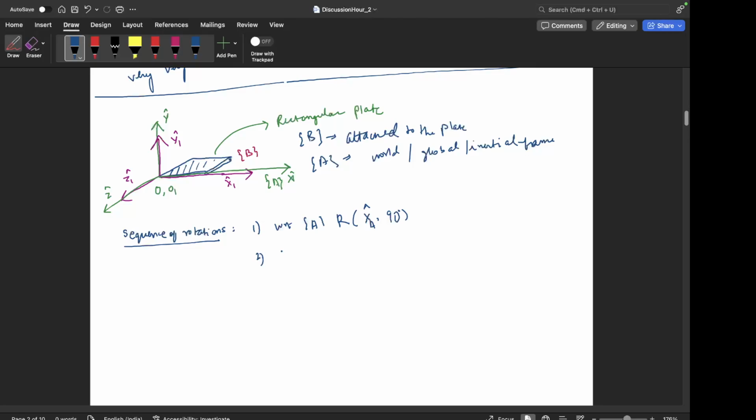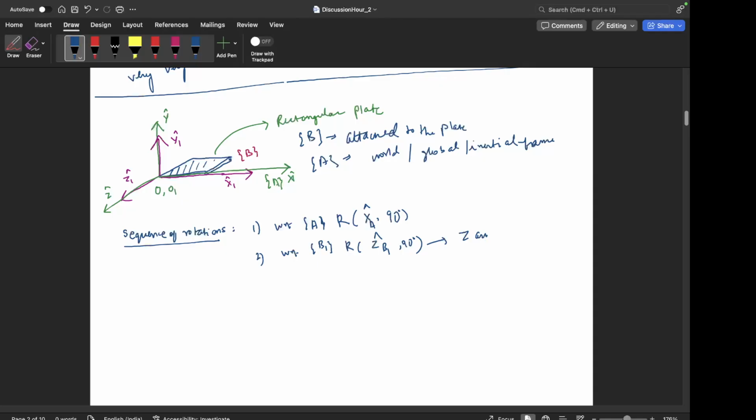And the second rotation is with respect to B1, about the z-axis of B1, and that is also 90 degrees. Okay, so these two rotations we are taking, and this will be enough to highlight all the important concepts that we want to cover. So this is the first rotation about the x-axis of the global or fixed frame, and this is the second rotation about the z-axis of the rotated frame.